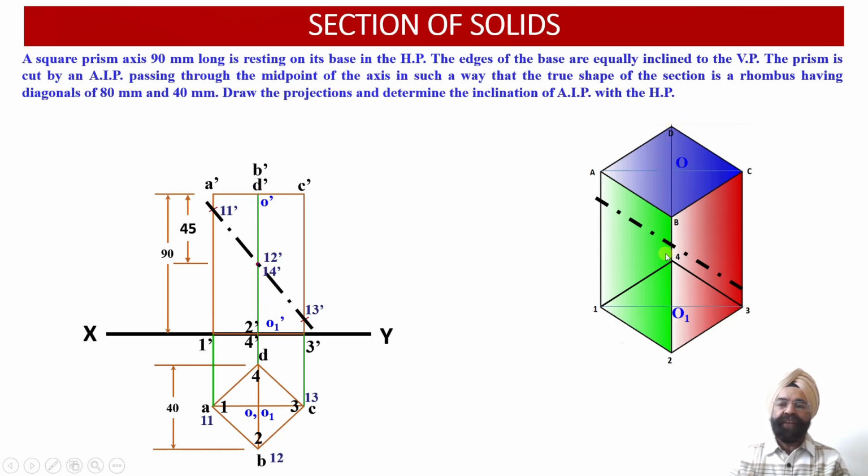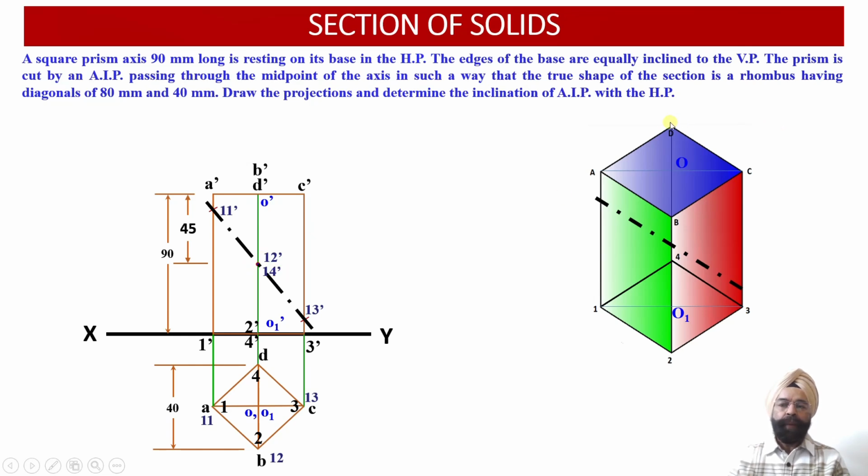And finally, the fourth point of intersection of the cutting plane with the vertical edge, we can check D4. So edge D4 has been cut by the cutting plane at the point 14' over here. So the edge D'4' has been intersected by this cutting plane at the point 14'.